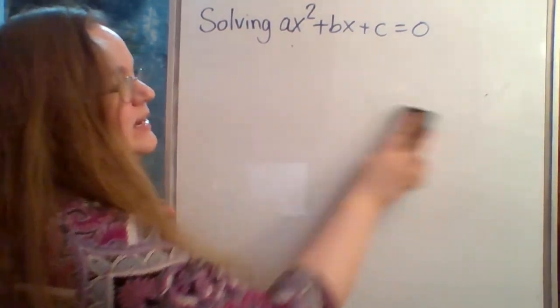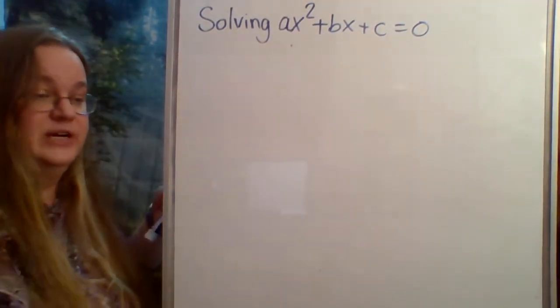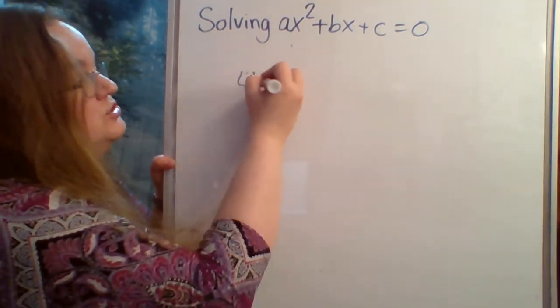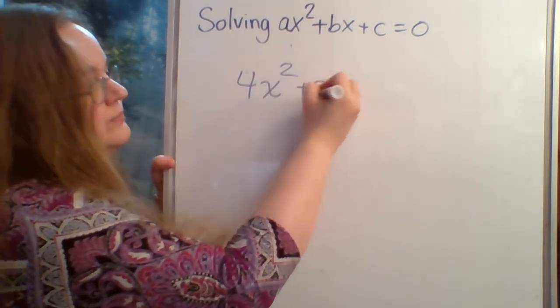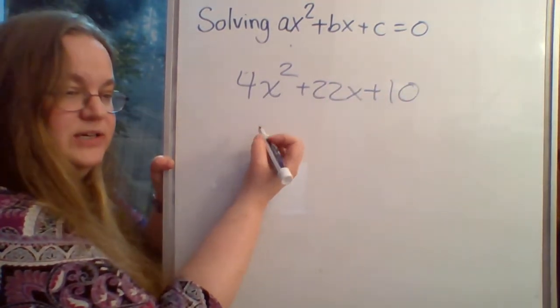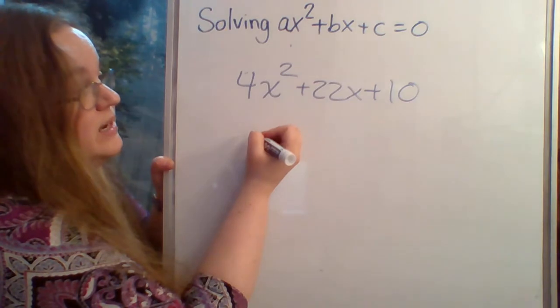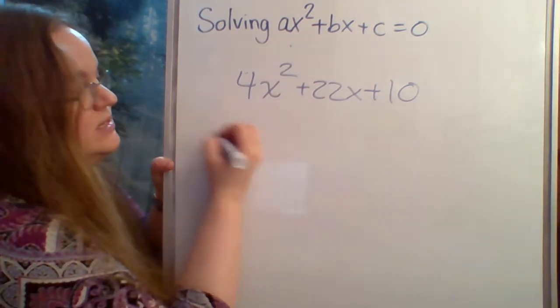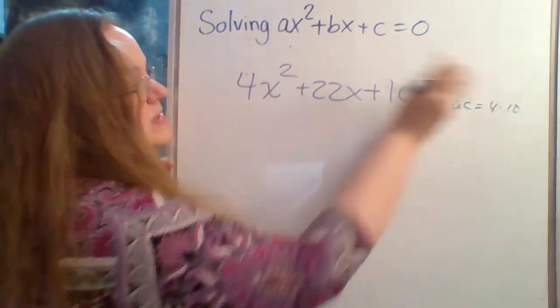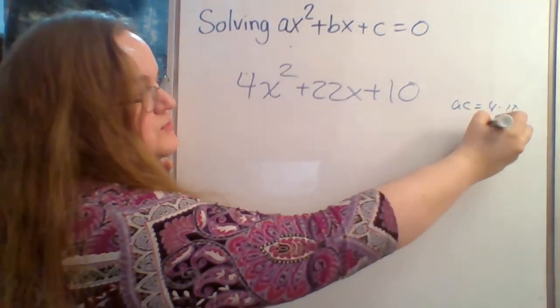Again, it's putting together a couple of different ideas that you've learned about into applying it to this new situation. So when I take a look here, again, I want to start by doing a times c, and a times c is going to be 4 times 10 because this is a and this is c, which is 40.